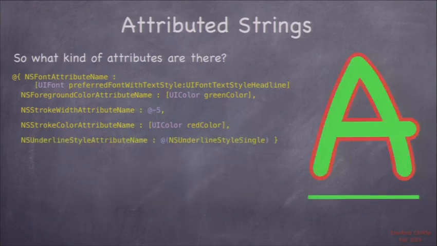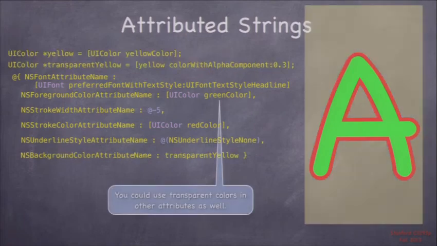What else can we have? Underline style attribute name. That's an NSNumber that has an enum, one of NSUnderlineStyleSingle or Double, or there's also NSUnderlineStyleNone, which would be no underlining. There's also background color. Here, just to show you that this is possible, I set the background of this glyph to be a transparent yellow. It's 30% visible, 30% towards opaque yellow.